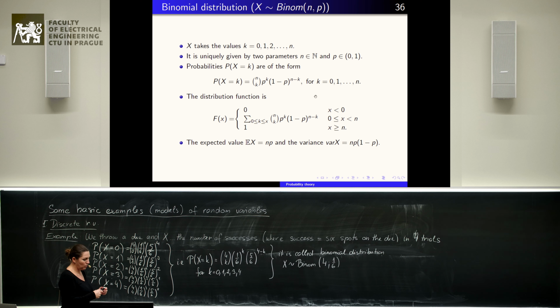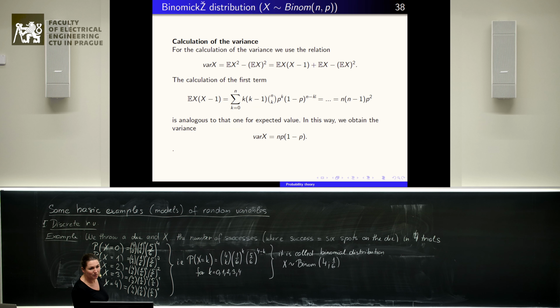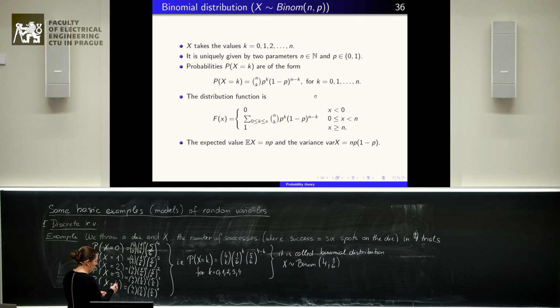And now, what about the characteristics? You can calculate that the expected value is equal to n times p, and the variance is equal to n times p times 1 minus p. But the calculation is quite crazy, as you can see here. So you can imagine it in another way.